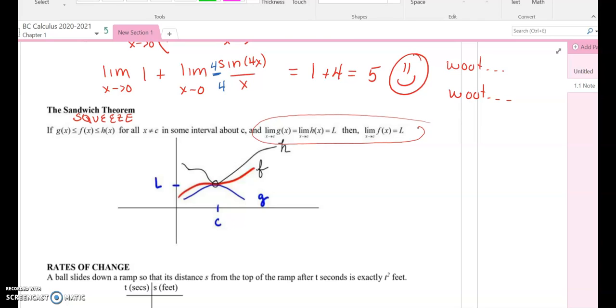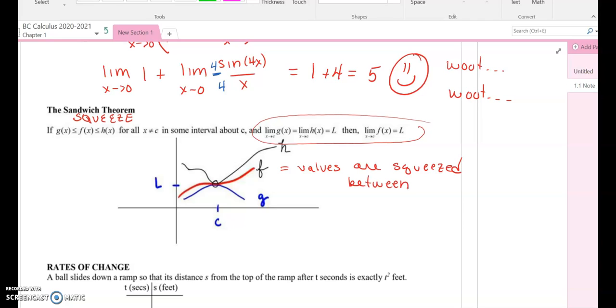Because of how h, f, and g are defined, the values, and I hope you understand in math when we say values, the outputs, are squeezed between the two functions. So whatever the limit of h is at c, if it equals the limit of g at c, well, guess what? The limit of f is going to equal that.